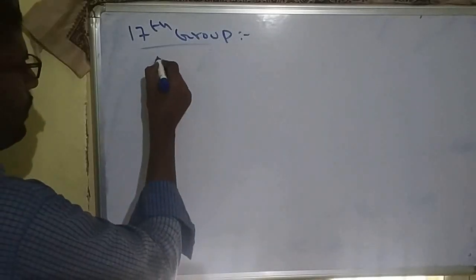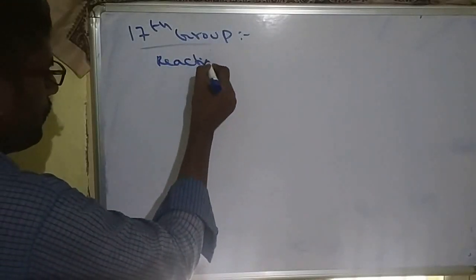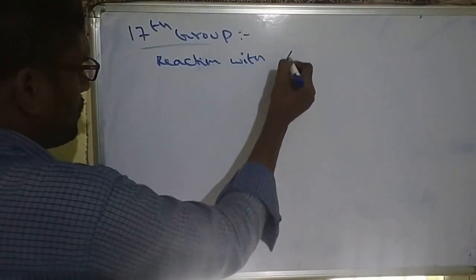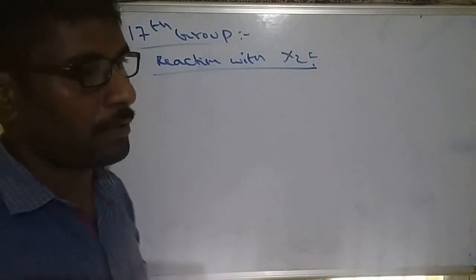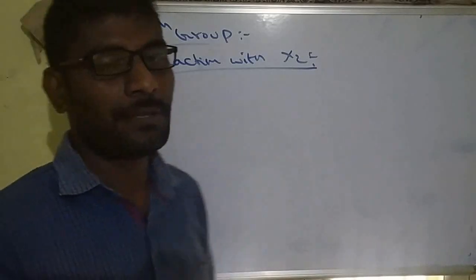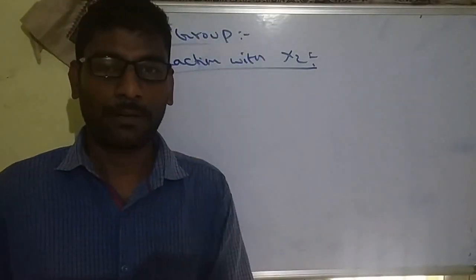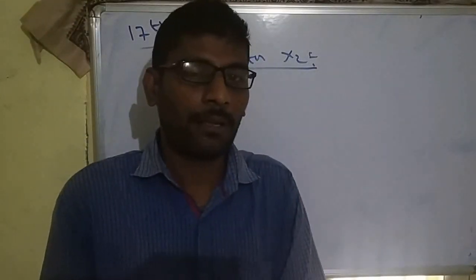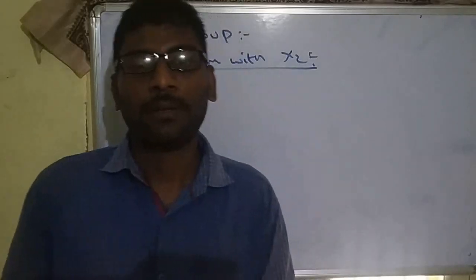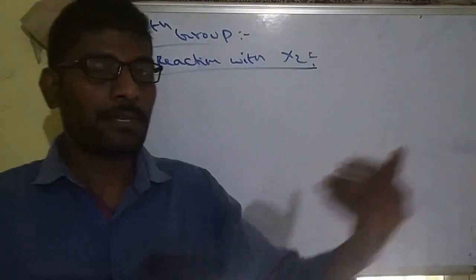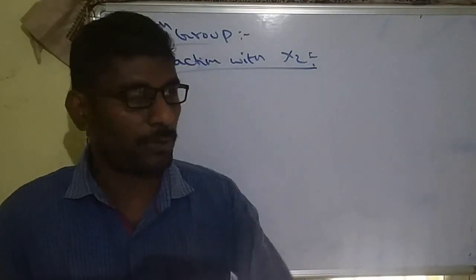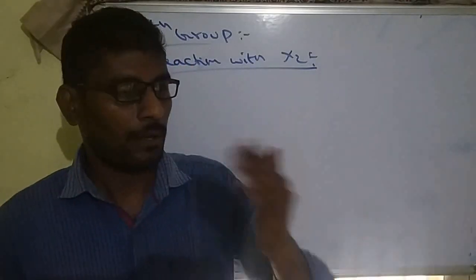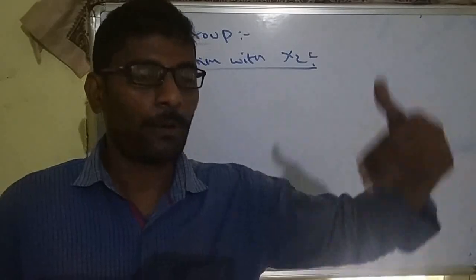Similarly, another important one is reaction with halogen. Halogens are combining. So how are halogens combined? Chlorine, when we combine it with chlorine, we again get chlorine, nothing else. So here halogen combination means two different halogens we are combining, suppose chlorine and bromine, or bromine and iodine.